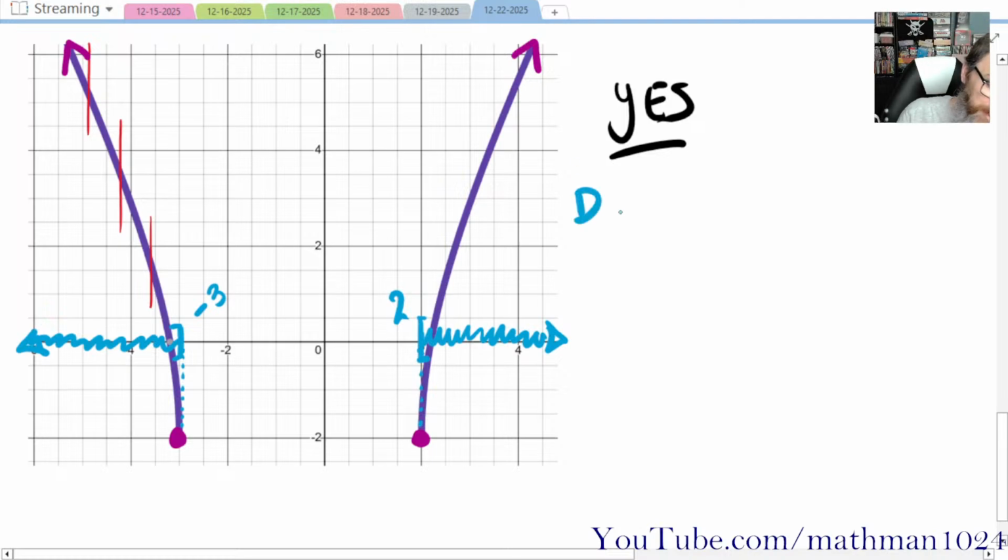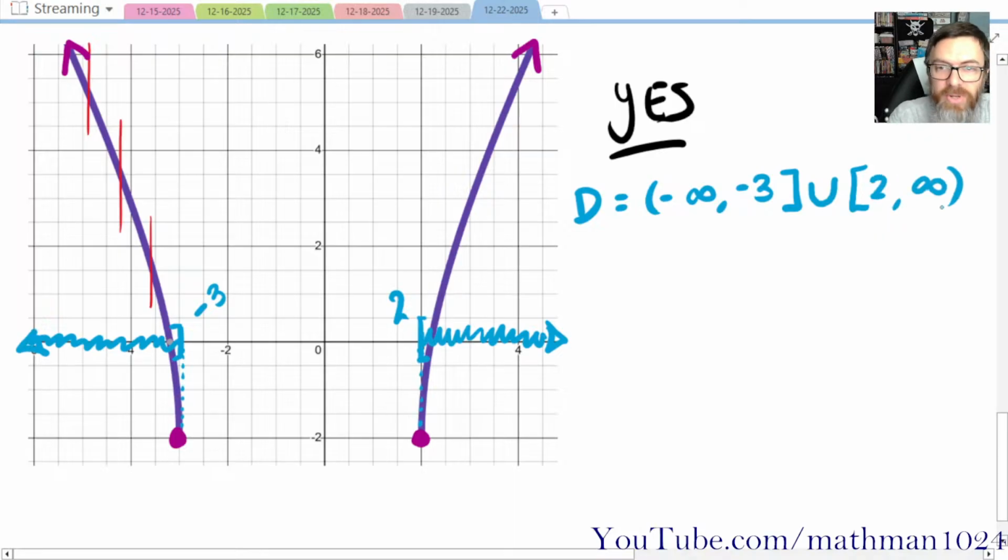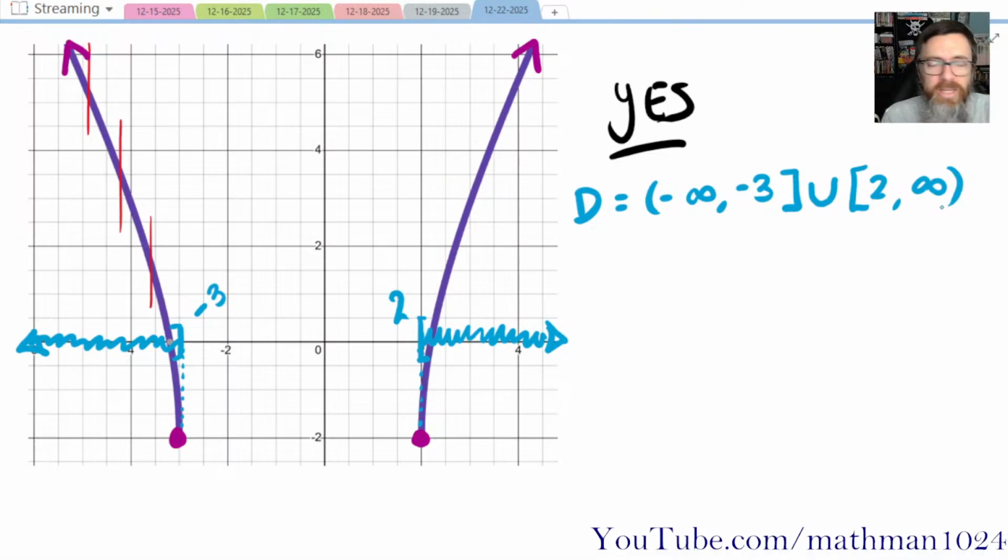So my domain is made up of 2 parts. It's made up of the left part, so -infinity to -3, bracket. Then we use that union symbol, and we join it up with the other piece from 2 to infinity. And that's our domain. And we had to break it up because it's not connected. Anytime you have a jump or a gap, you want to be very careful about how we describe the domain and range.